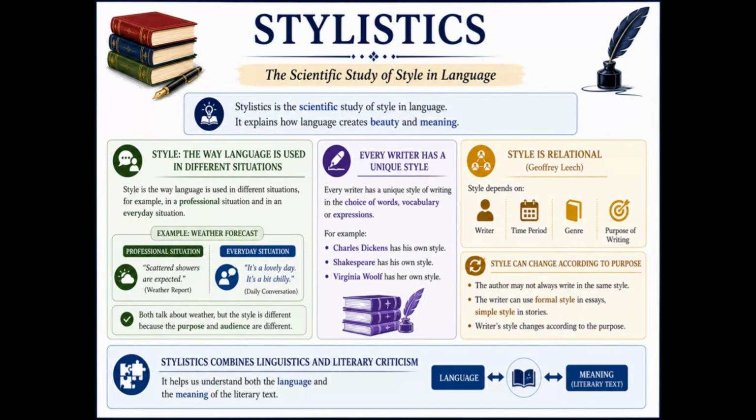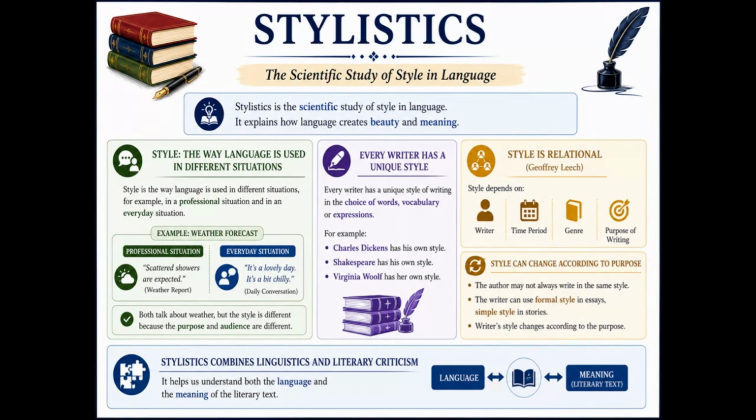Geoffrey Leech says style is relational, that is, it depends on the writer, time period, genre, and purpose of writing. However, the author may not always write in the same style. The writer can use formal style in essays and simple style in stories. So a writer's style changes according to the purpose of his writing.